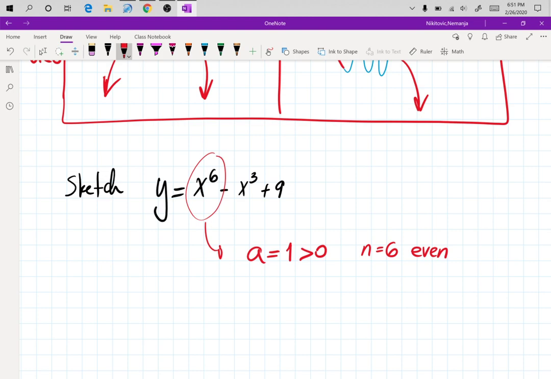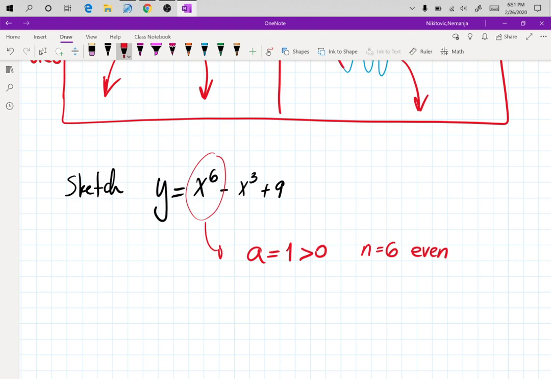Yes, right? So you have to understand it's a two-step procedure. You are not memorizing that 6 is looking up, right? What you are memorizing is that it's a two-step procedure. Even means both sides of the polynomial function look the same way, and then a will determine whether they look up or they look down.